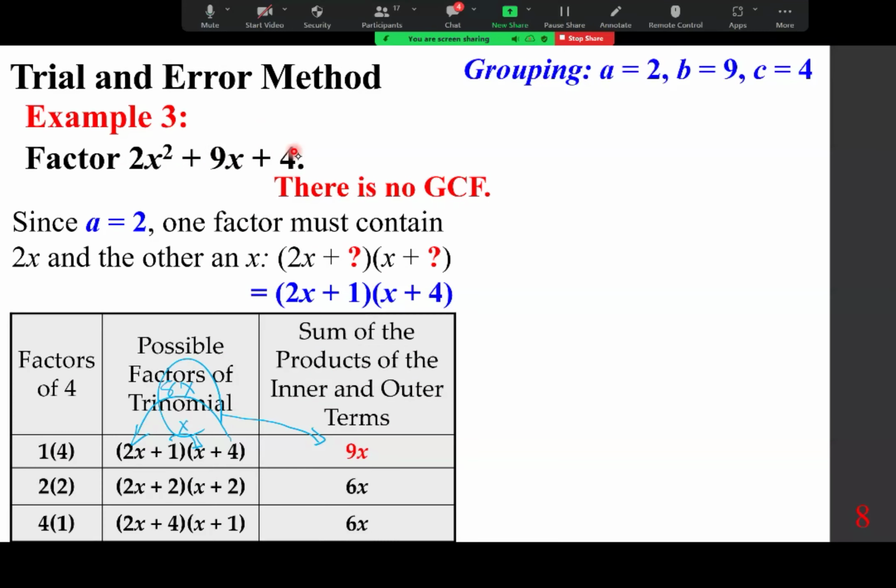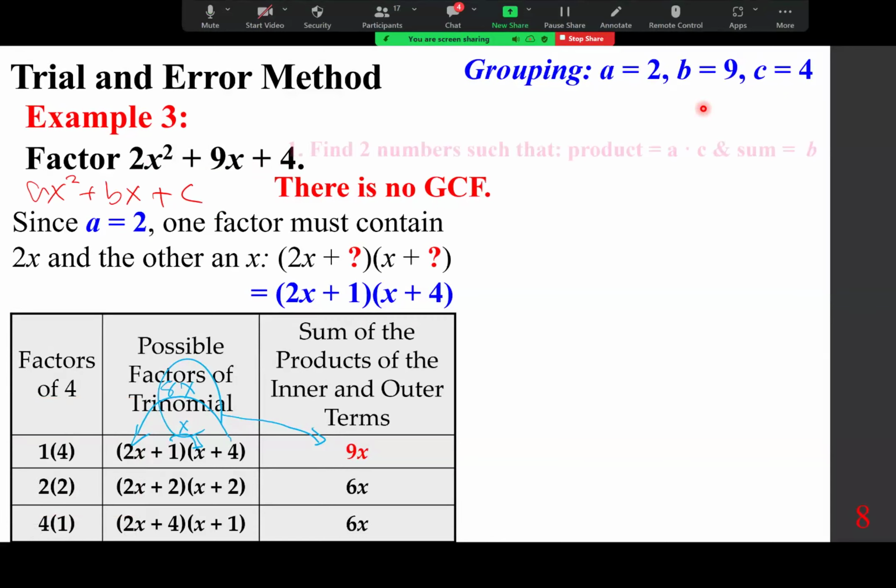Here's grouping. A is 2, B is 9, C is 4, because in general, we're going to write it in the format ax squared plus bx plus c.